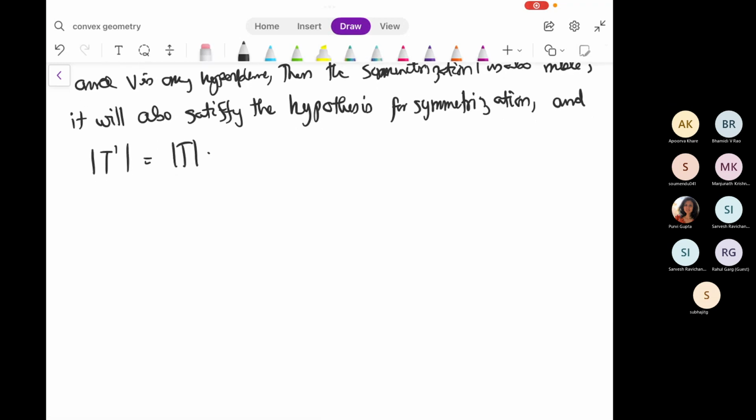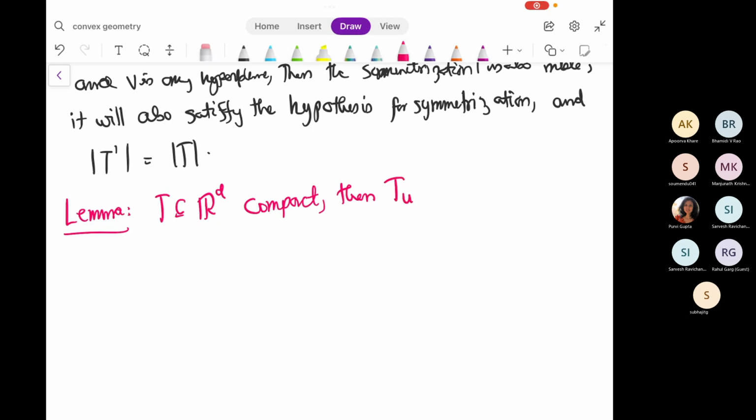For example, one can show, at least I'll sketch it out next, that if you have a compact subset, then its symmetrization Tu will also be compact for all u in S^(d-1). For all unit vectors, basically. If you symmetrize about the hyperplane created by any unit vector, compactness is retained.